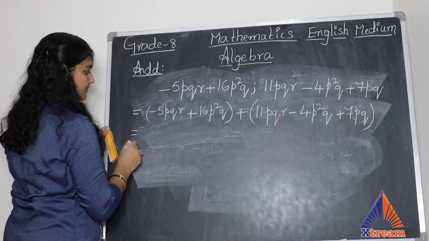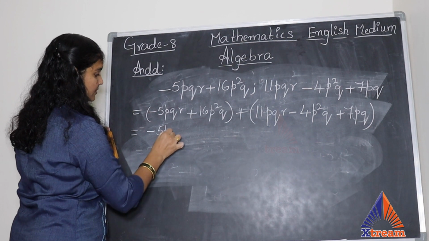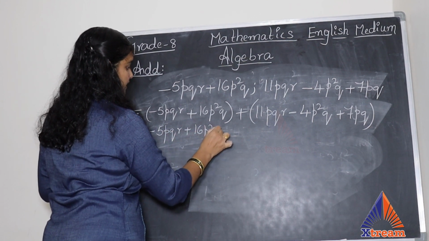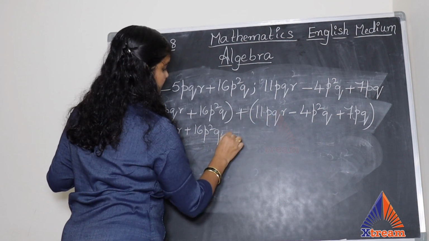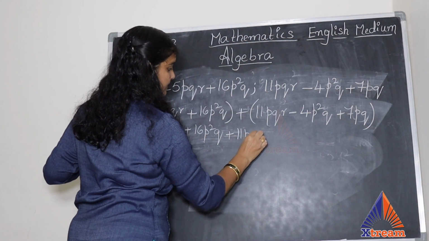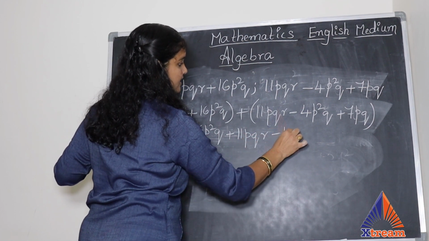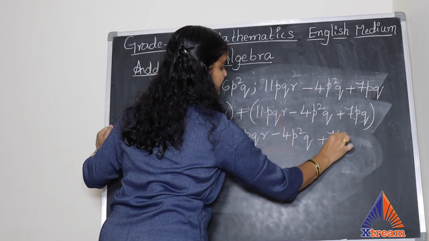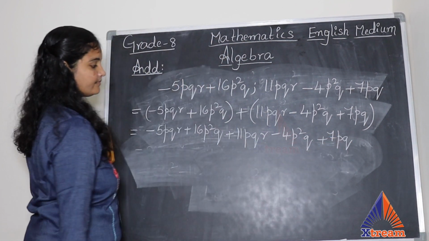Again we'll bring them out of the brackets. Minus 5PQR plus 16P square Q. Again, because it is plus, the signs never change. So 11PQR minus 4P square Q plus 7PQ.